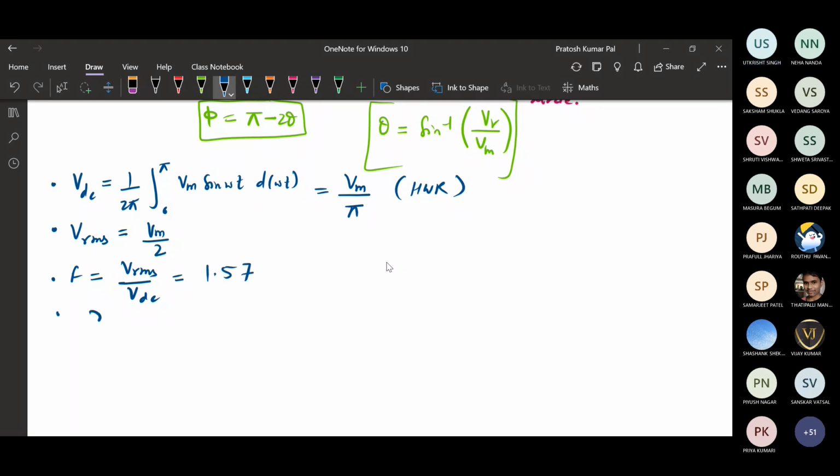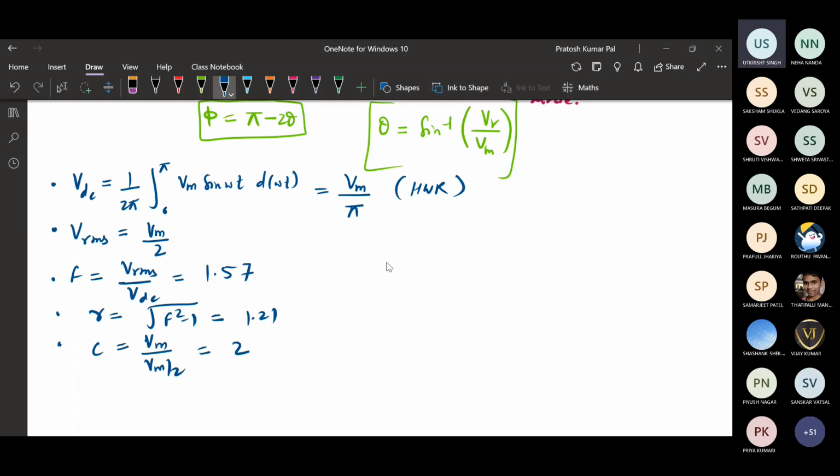Similarly, the ripple factor is the square root of F square minus 1, so from there we can get the ripple factor. And one more is the crest factor, peak value divided by RMS value. The peak value is Vm, the RMS value is Vm by 2, so the crest factor is 2.